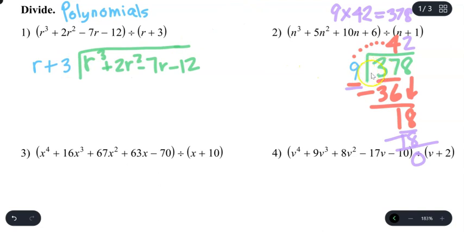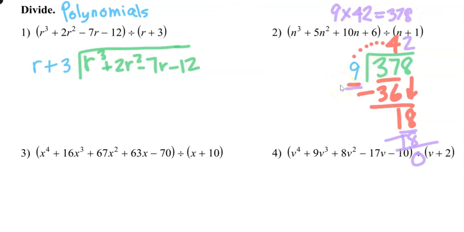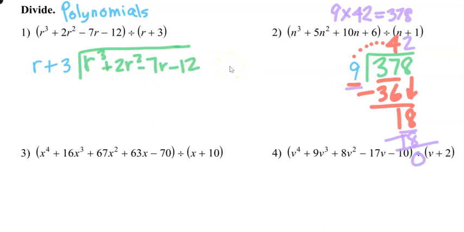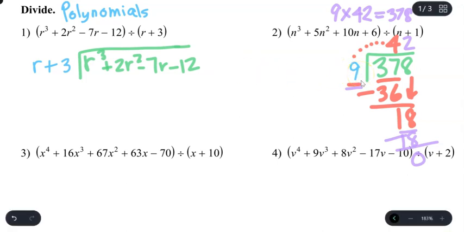I even color coordinated it for you so you can see it. So how do I execute a long division that's not numbers, but that is variables and a collection of terms? Well, you're going to do this same thing. The same thing you did here.